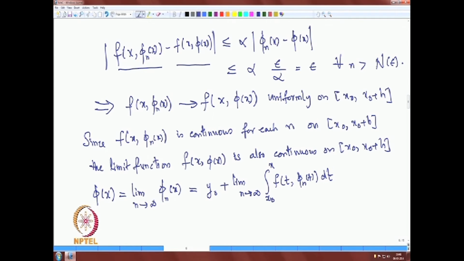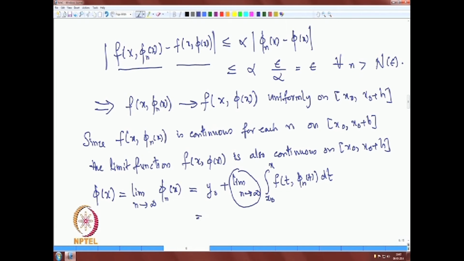Now, we invoke theorem 3 that we did in the preliminaries on the interchange of limit and integration of a sequence of functions. Since the convergence is uniform and each term f of t phi n t is continuous, we can interchange this limit and the integration.